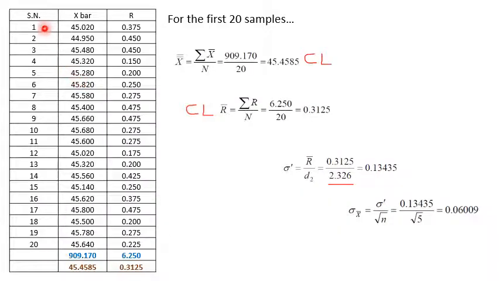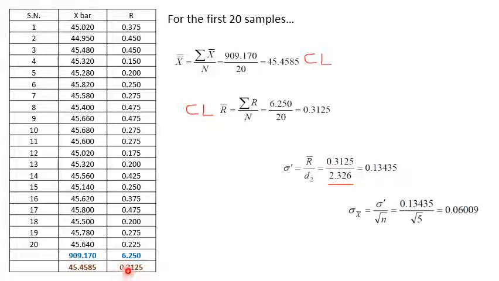So for the first 20 samples, the table is given here, and for the first 20 samples, summation X bar is equal to 909.170, and summation R is here 6.250. X double bar, that is summation X bar divided by n, and n is 20, is equal to 45.4585.